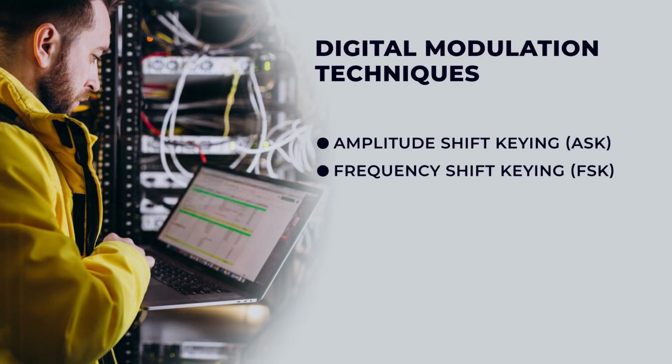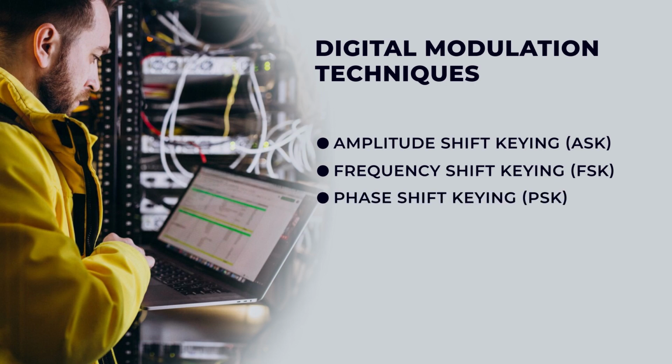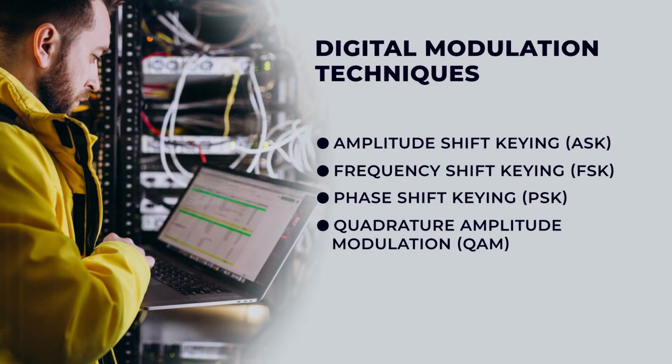Frequency shift keying, FSK, modulates the frequency of the carrier signal to represent binary data. Phase shift keying, PSK, modulates the phase of the carrier signal to represent binary data. Quadrature amplitude modulation, that is called QAM, combines amplitude and phase modulation to represent multiple bits per symbol.